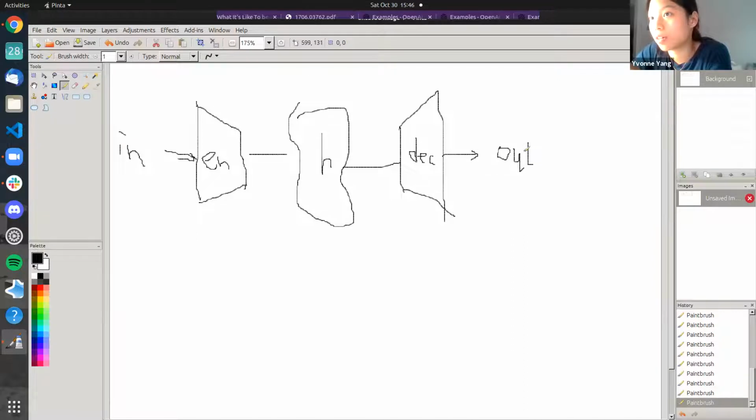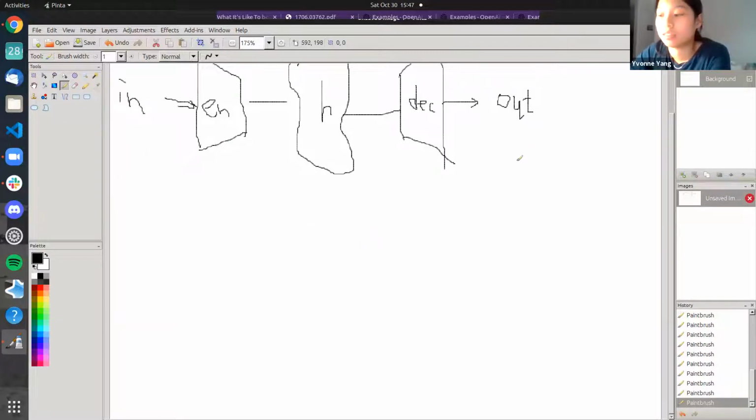So this is also something used in the transformer model, actually. And I guess it's worth mentioning that you can use this encoder-decoder model on top of an RNN.